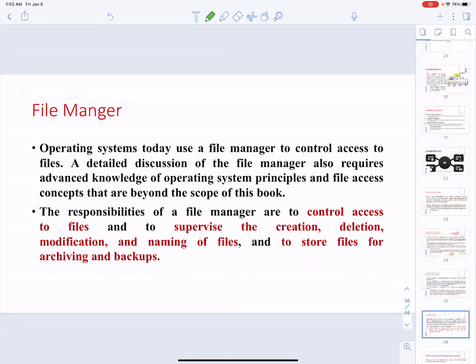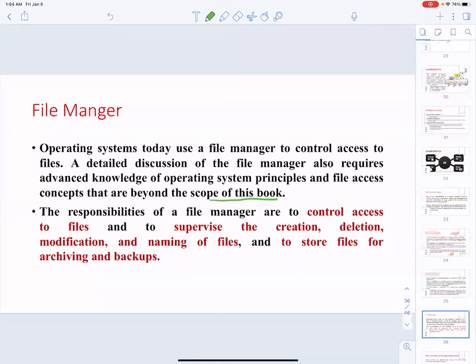But it's a bit tricky, because a discussion of a file system would require more advanced knowledge of operating system principles and file access concepts that is beyond the scope of our textbook. In the course, I will go over some fundamentals of file managers at the end of the semester, but I will not dig deeper into this.